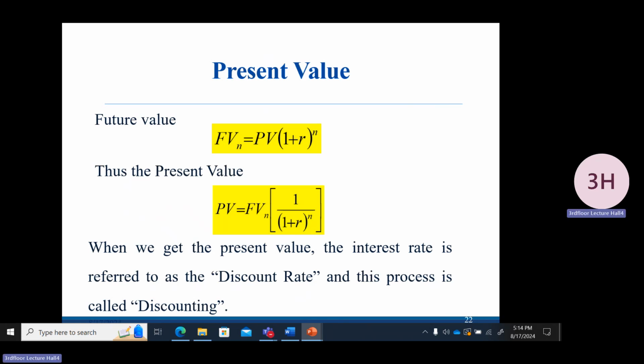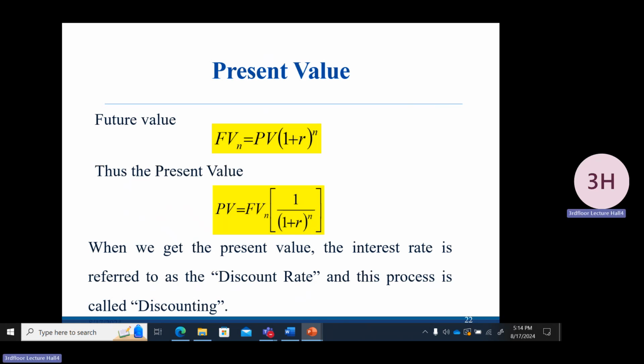Now, the present value of a single cash flow. So now discounting. Future value is the compounding process. Now the present value of the single cash flow. From this formula, future value is equal to present value into 1 plus r to the power n.